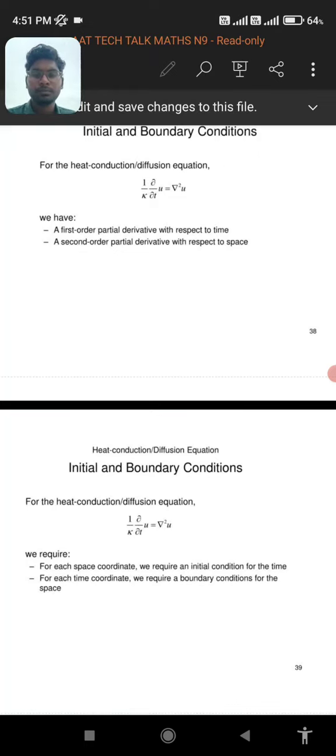We require, for each space coordinate, an initial condition for the time. For each time coordinate, we require a boundary condition for the space.